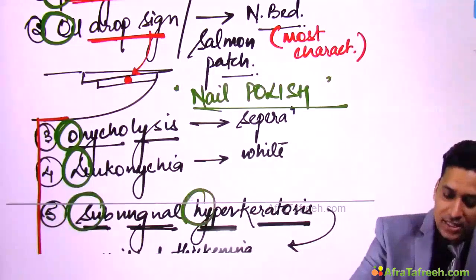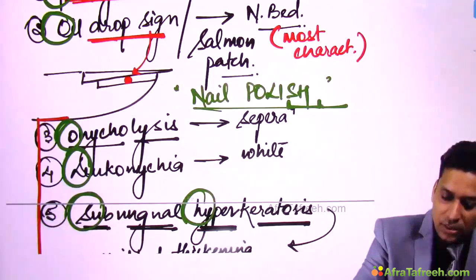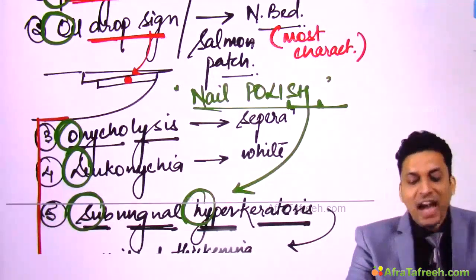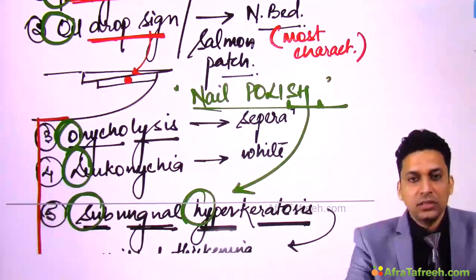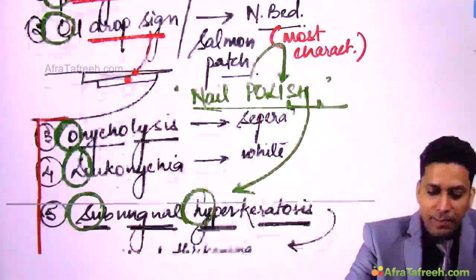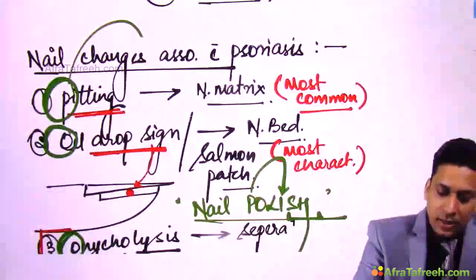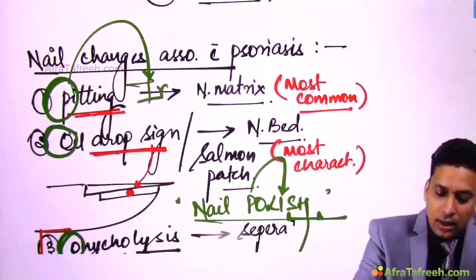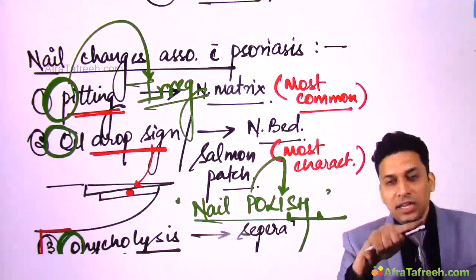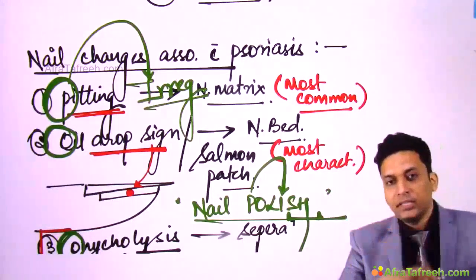The last SH is for subungual hyperkeratosis. Now only one alphabet is left, and that is I. So can you tell me what is for I? Remember, P is I. P is I means that this pitting is irregular, very characteristic. I told you regular pitting is seen in alopecia areata, irregular pitting is seen in psoriasis.